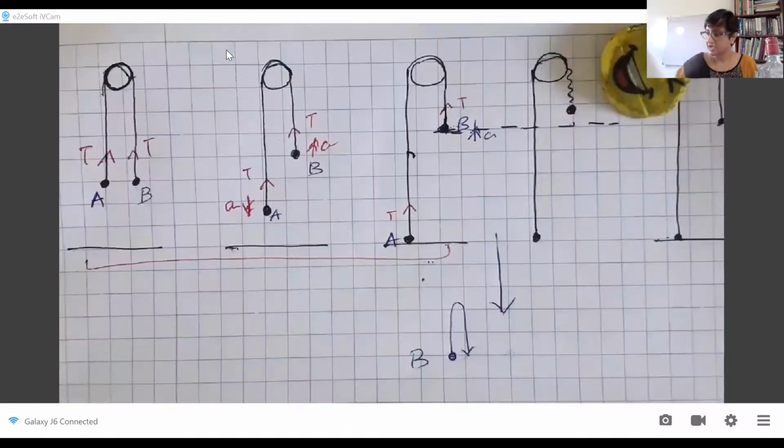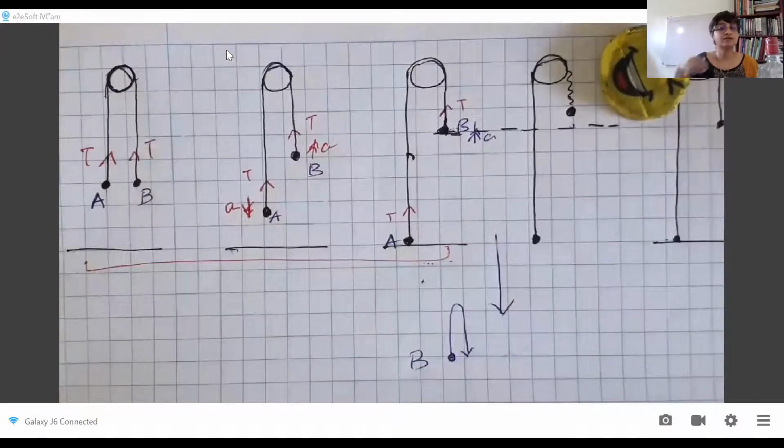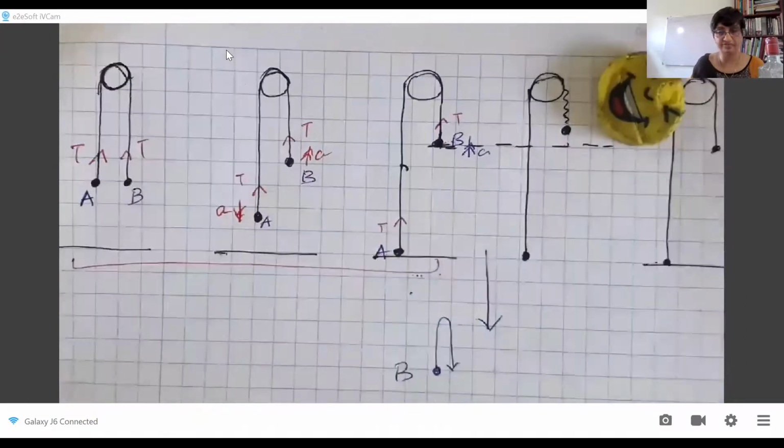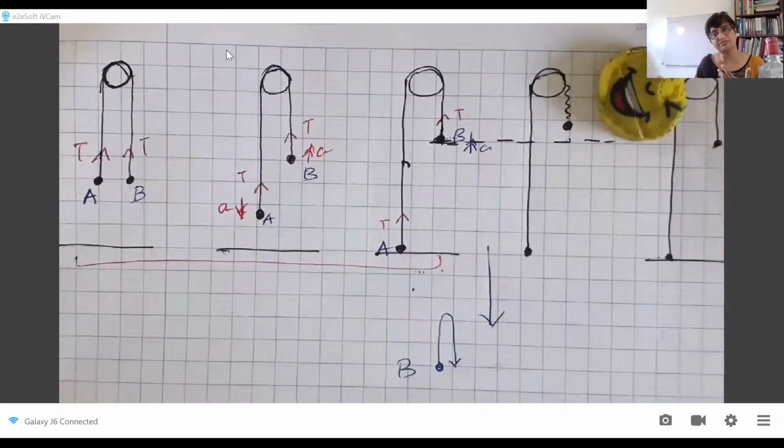After that point, A doesn't move, B moves with 10 meters per second squared, a different acceleration. So these are two different parts of motion of B. First part of motion of B was with one acceleration, 10 over 3. Next part is g. Is that clear? Two different accelerations. Understood, miss. Understood. Okay.